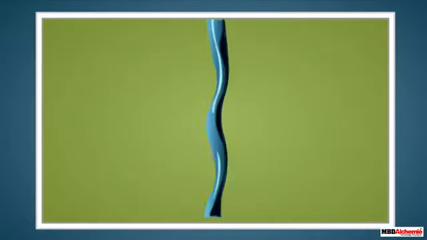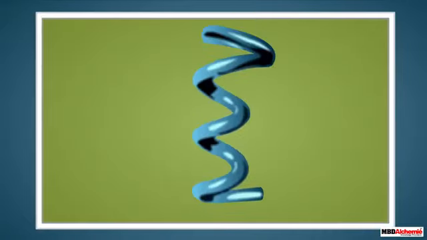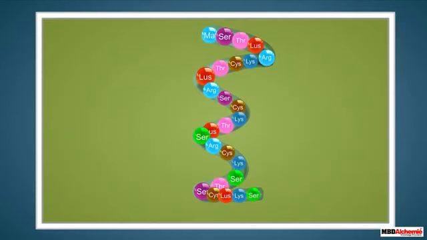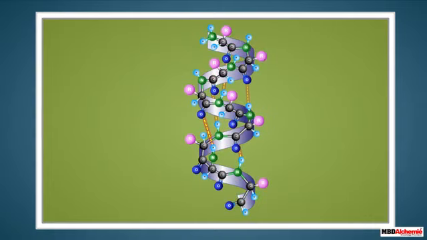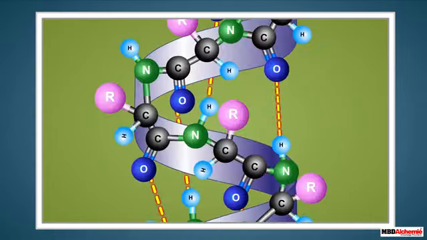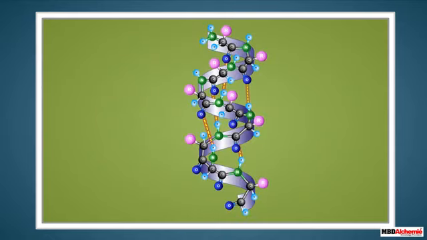Now, secondary structure of proteins refers to the manner or shape in which the polypeptide chains are arranged. The different arrangement of polypeptide chains exist due to the hydrogen bonding between the oxygen of carbonyl of one amino acid to the hydrogen of the amide group of another amino acid.